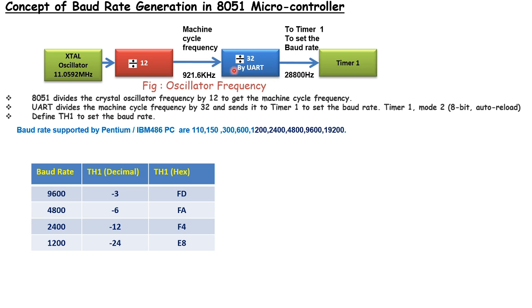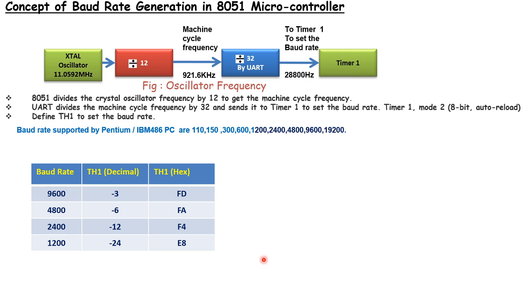It is again divided by 32, that is for the serial universal asynchronous receiver and transmitter. 921.6 kilohertz divided by 32 gives us 28,800 hertz frequency for the timer.